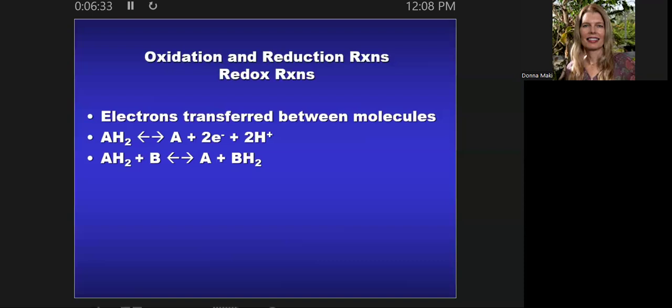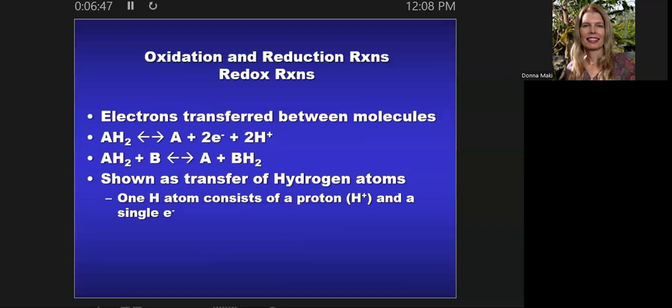So you are transferring electrons when you transfer that hydrogen or the H2, hydrogen gas. So very, very often when you look at these reactions, you'll see hydrogen getting transferred from molecule to molecule. But just remember there's an electron coming with it, right?